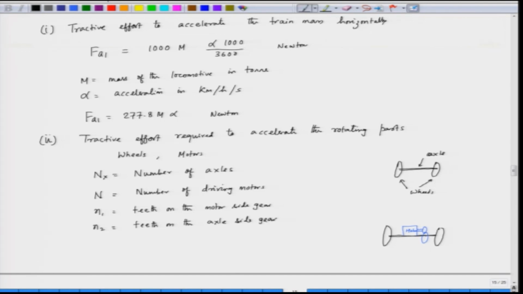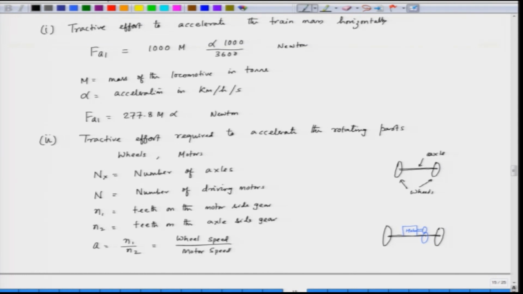When the motor is rotating, it is driving the axle. And what else? We have the moment of inertia. So, we have the ratio A equal to N1 by N2, and that is equal to the wheel speed divided by the motor speed. The axle speed is the same as the wheel speed, since the wheel is connected to the axle.